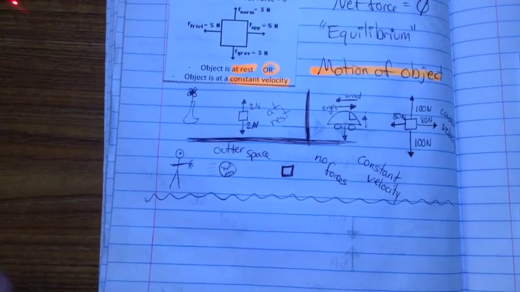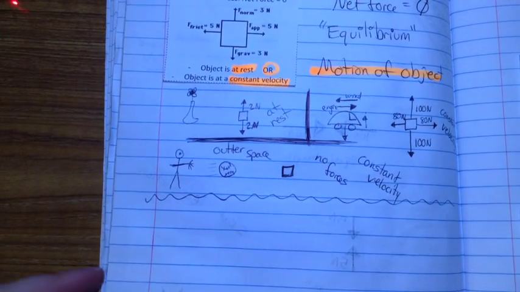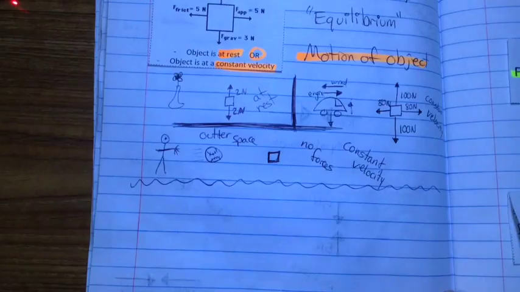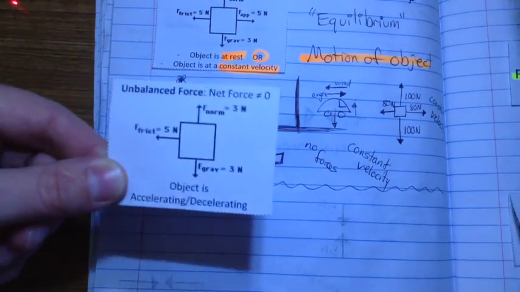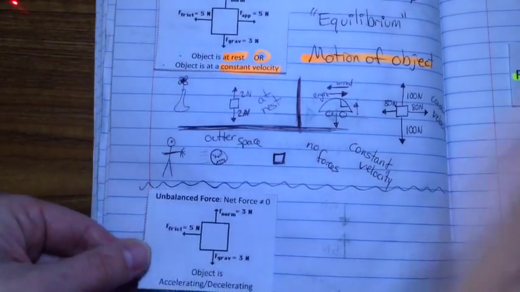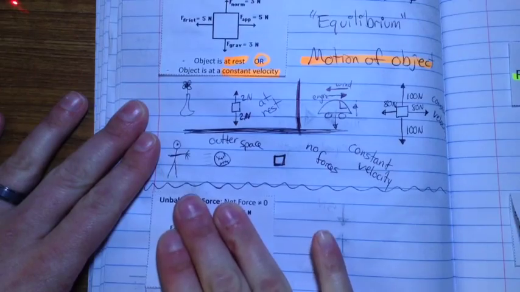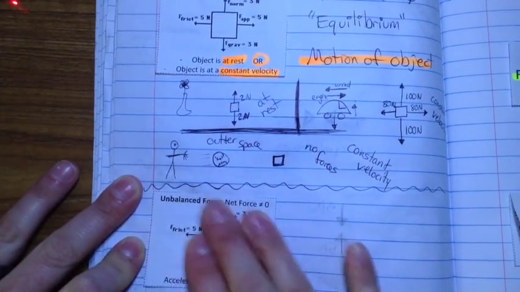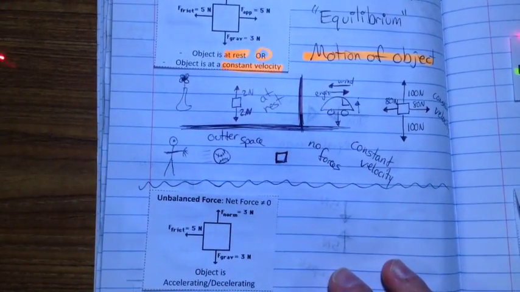What if the forces are unbalanced? What if they don't cancel each other out? What if we're not at equilibrium? Well, let's talk about that. Last piece of paper. Glue it in below there to the left. If we have unbalanced forces, the net force is not going to be 0.